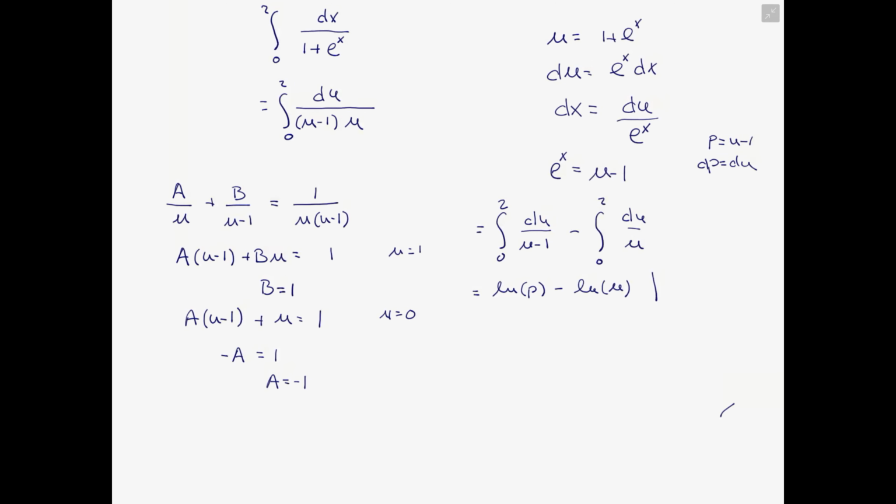So we have natural log of p minus natural log of u between a and b.